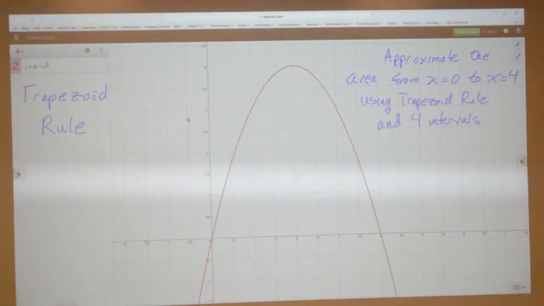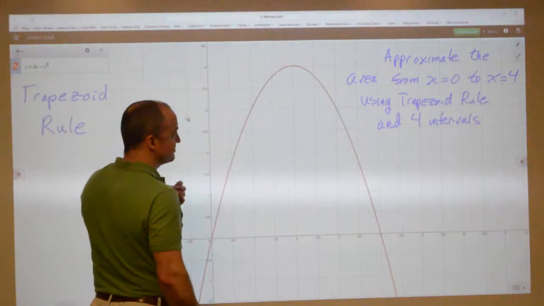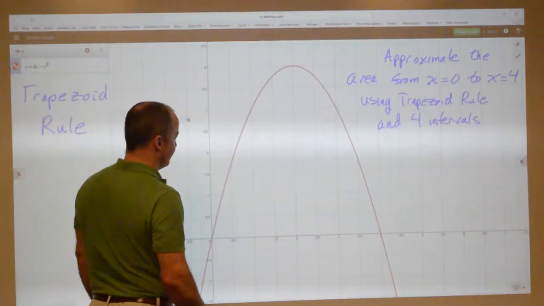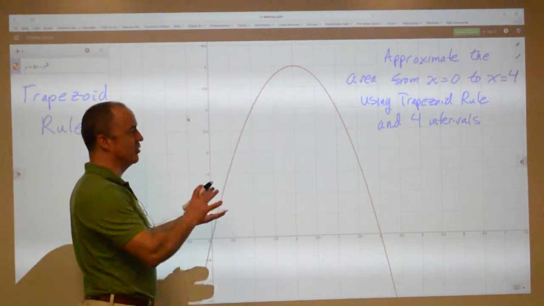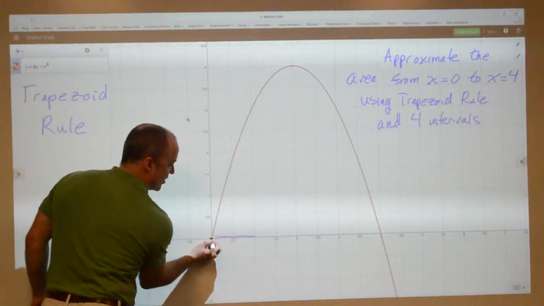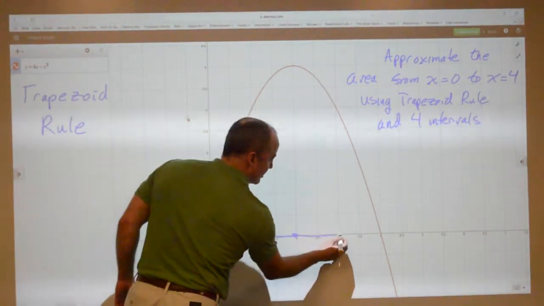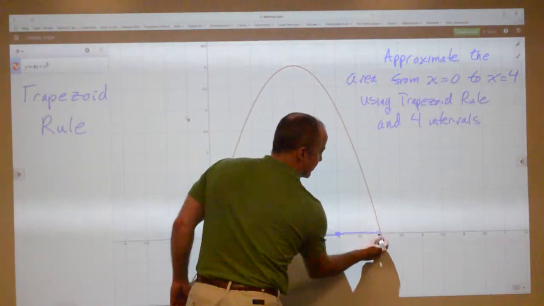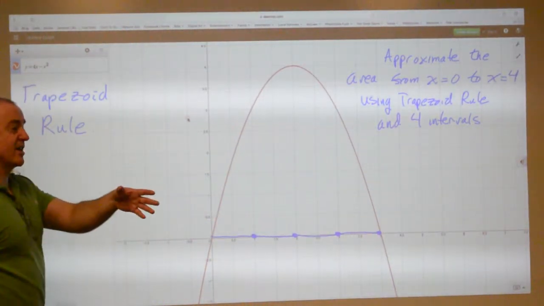The trapezoid rule is a really good way to approximate this stuff. It's got its own little quirks as to when you're overestimating and when you're underestimating. Once again, I'm going to make 4 intervals. Here's 1, here's 2, here's 3, here's 4. Now the trapezoid rule sometimes looks like a triangle rule.